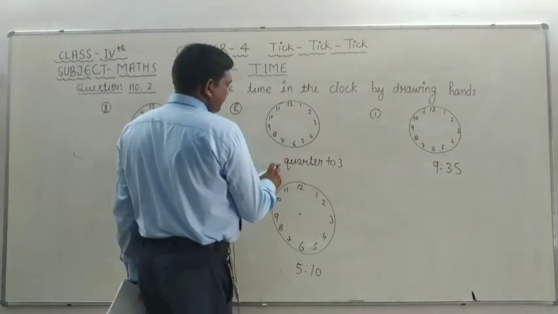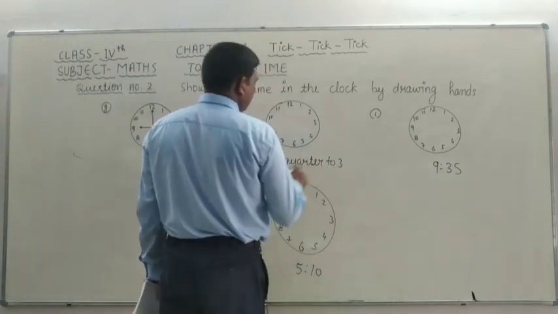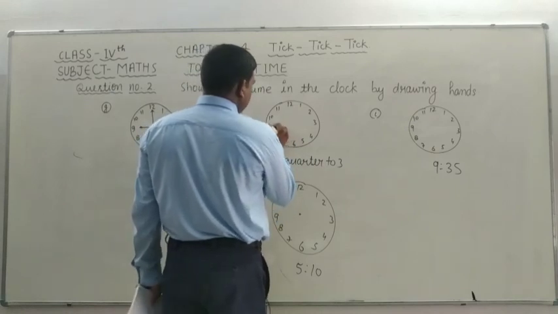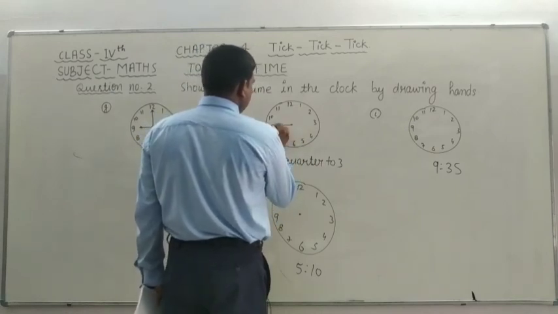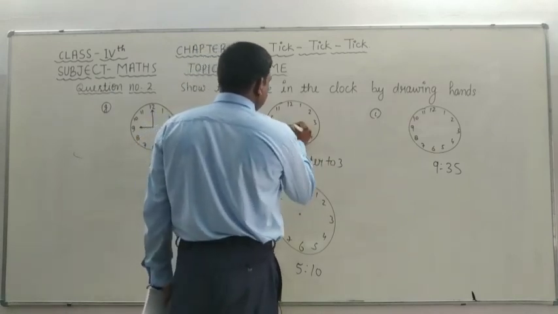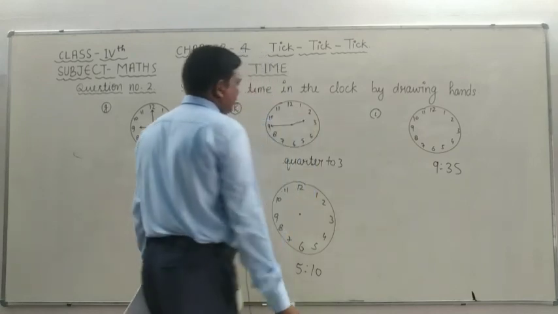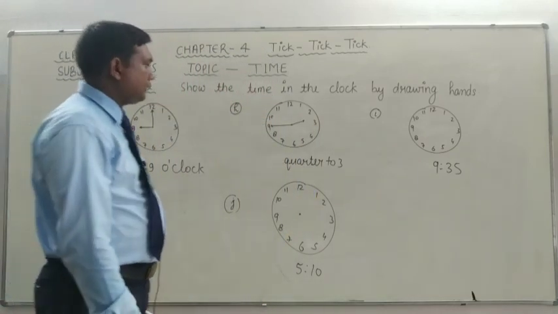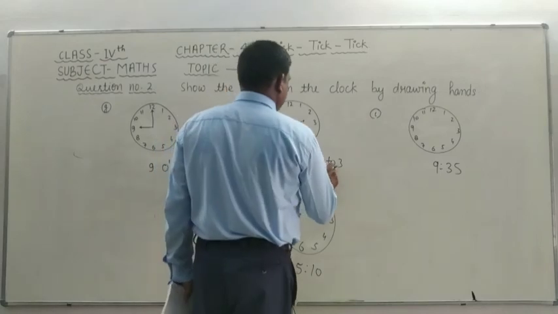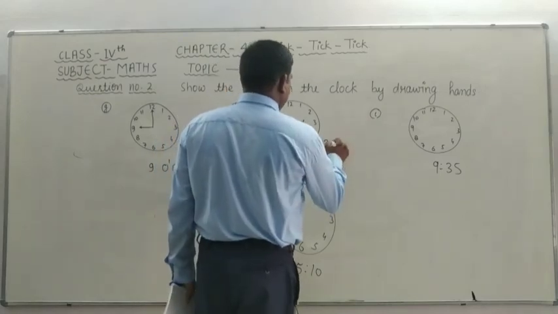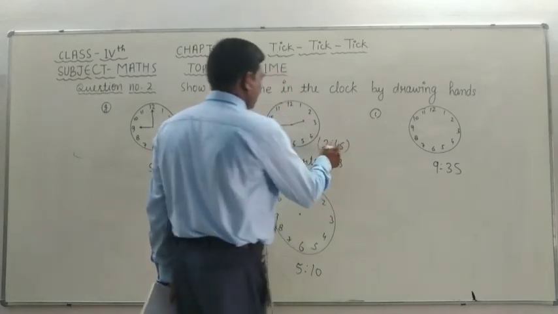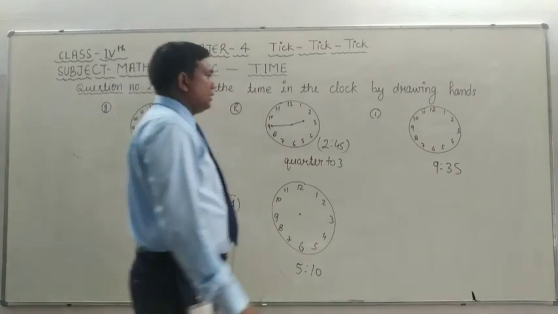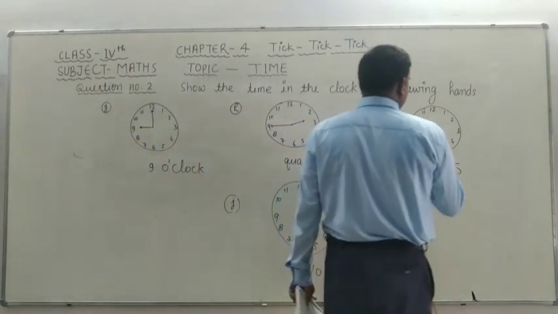In this question, here given that quarter to 3, therefore firstly we have to take the minute hand exactly at 9 and the hour hand between 2 and 3. Okay, quarter to 3 means that the time is 2:45.